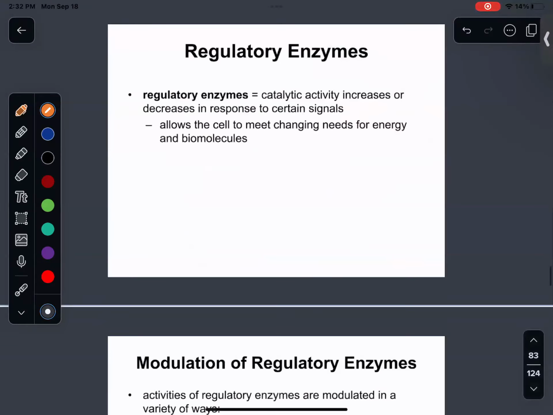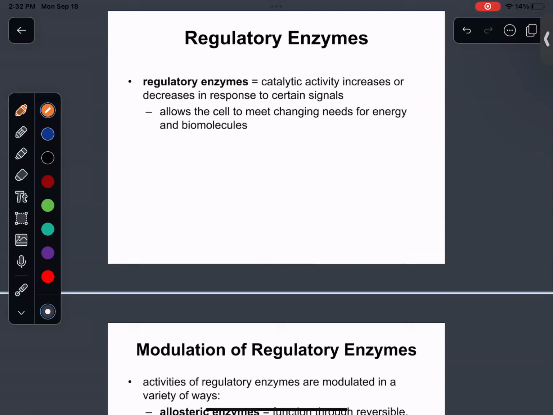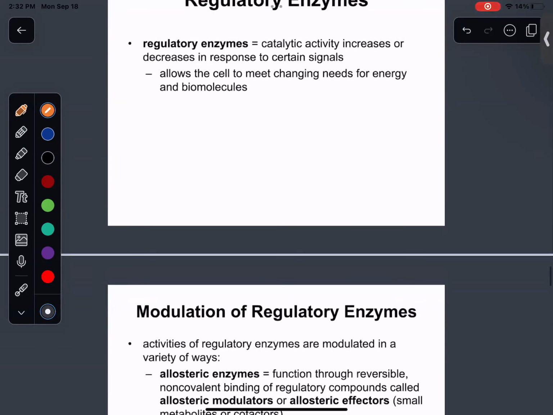Okay, regulatory enzymes. The last part of the lecture really just talks about regulatory enzymes, and they're critical because they allow the cell's state, the cell's circumstances, to determine what the cell does.